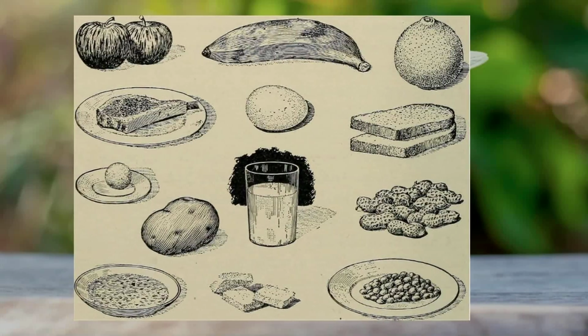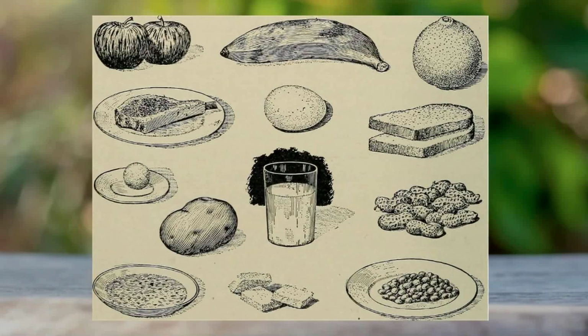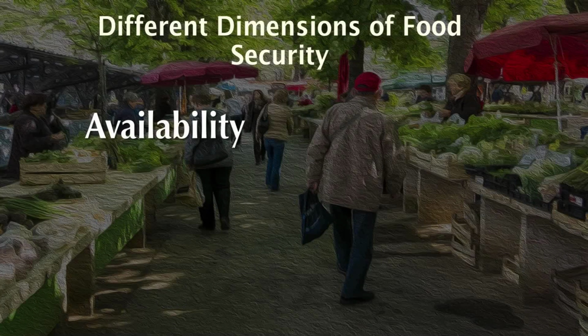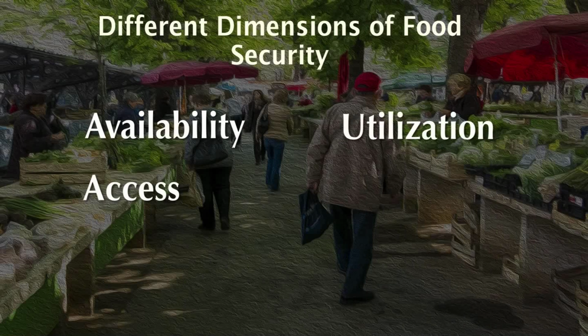That means to ensure food security, we need to have diversified food which contains both essential macro as well as micronutrients. Regarding food security, it encompasses four main dimensions such as availability, accessibility, utilization and stability.